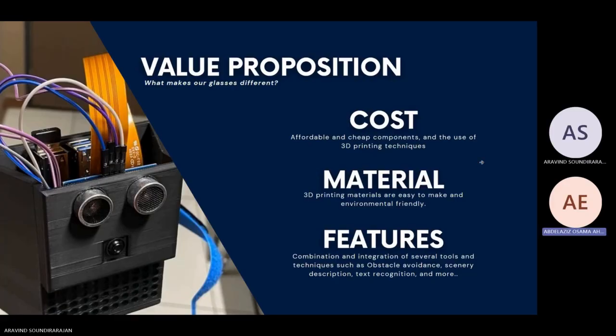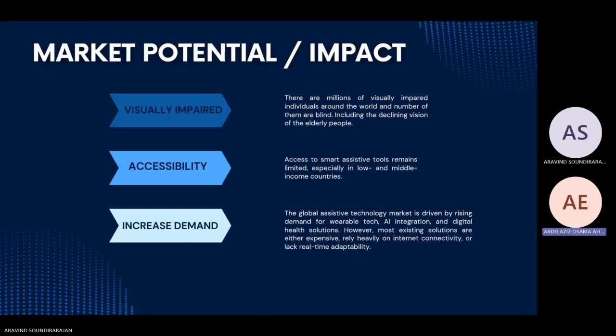Now for the next slide, which is the market potential and impact, the first I'd like to talk about is the visually impaired individuals. Now there are millions of visually impaired individuals around the world. A number of them are blind, including the declining vision of the elderly people. So that's a good market potential area to cover.